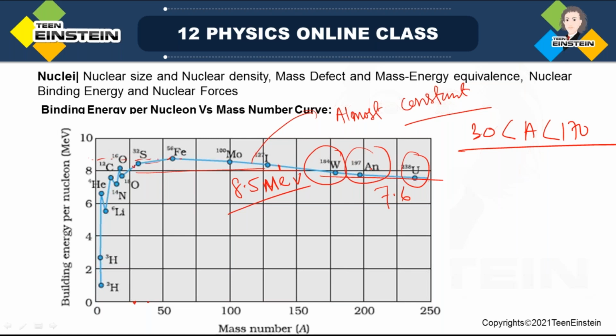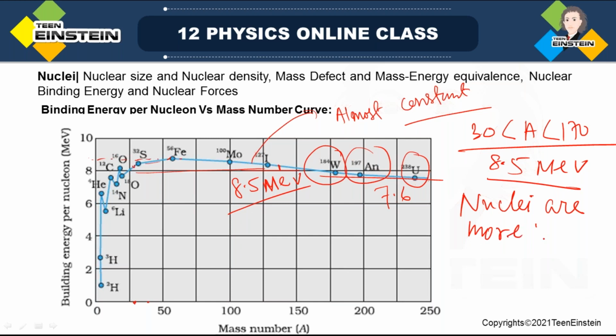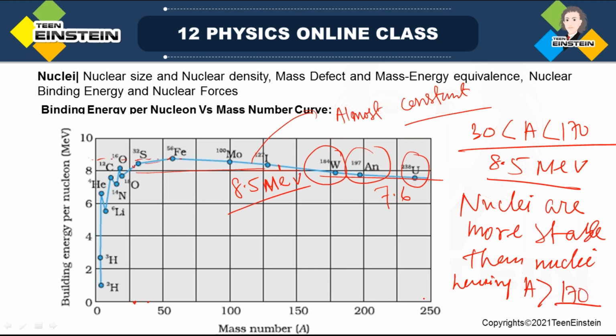So for those nuclei for which the binding energy is high or large in this region, where the average binding energy will be something like 8.5 MeV, the nuclei are more stable than nuclei having mass number greater than 170.